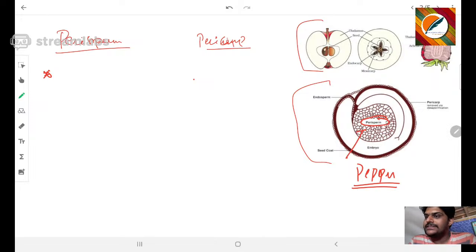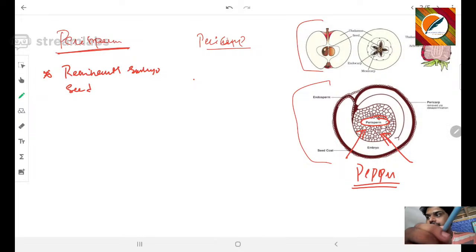This is a type of cells called nucellus. If the remnants of the nucellus are present in the seed along with the embryo, that is known as perisperm.